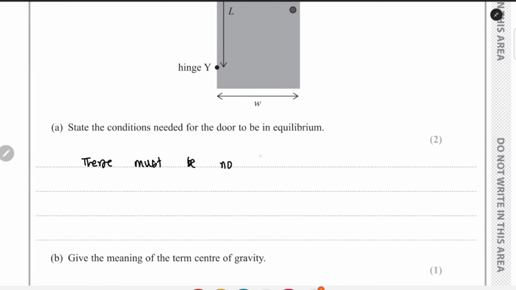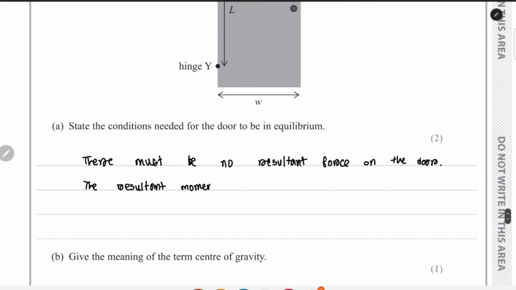You can write either one. And the resultant moment about any point should be zero.